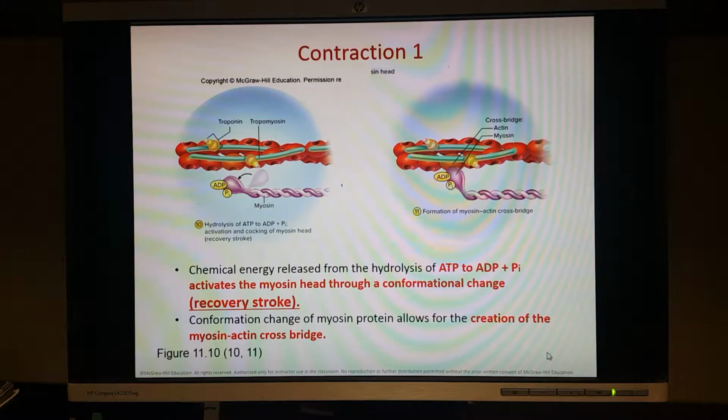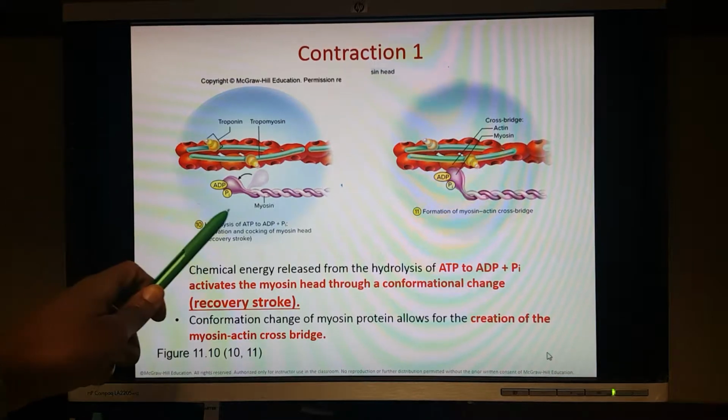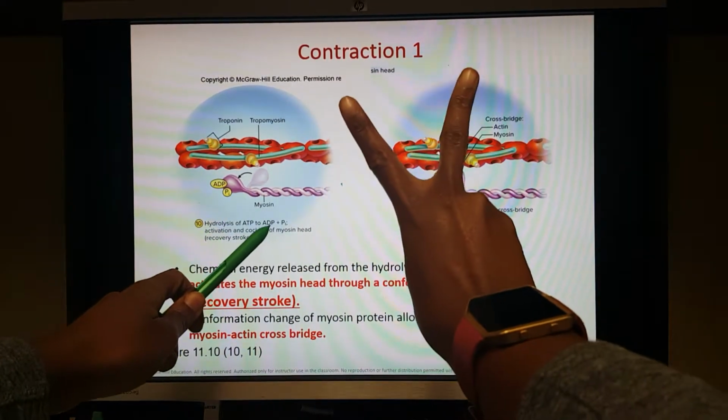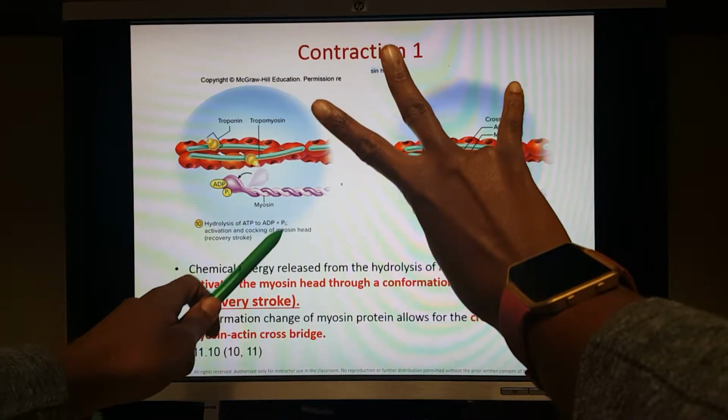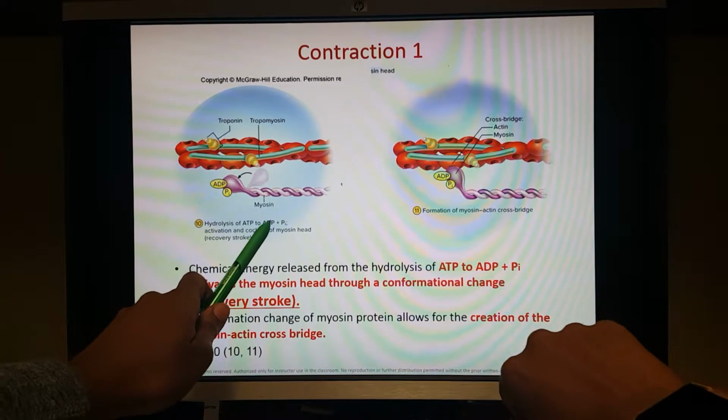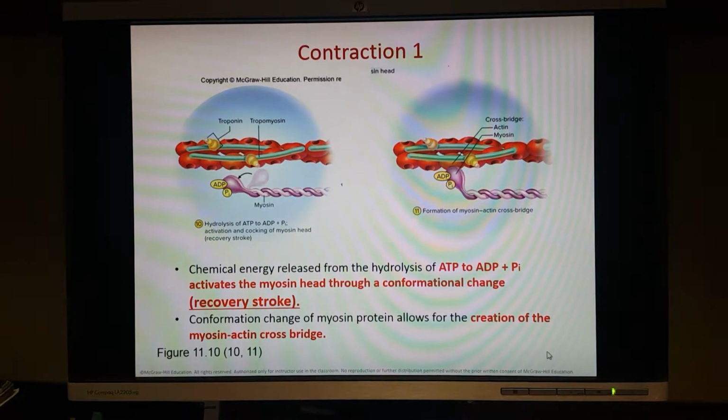So for the actual contraction, this is where your ATP comes into play. So you need the hydrolysis of ATP, so going from ATP, our 3 phosphates, to ADP and an extra phosphate. So ATP is broken down into ADP and an excess phosphate group.